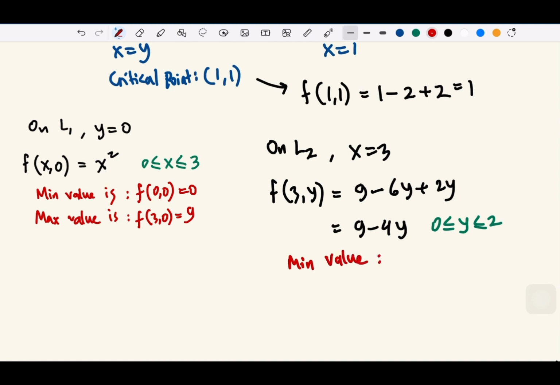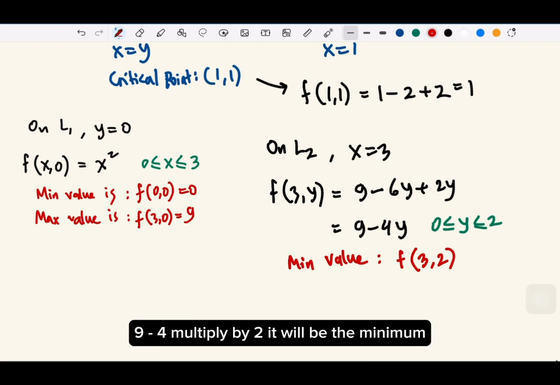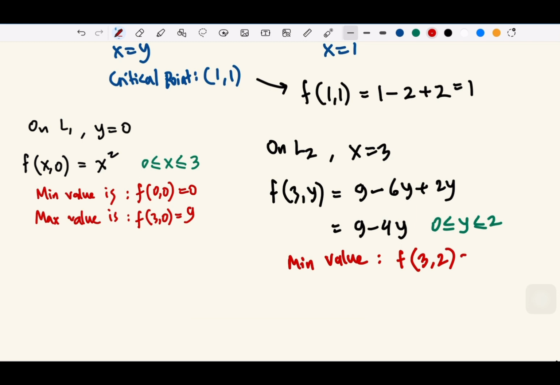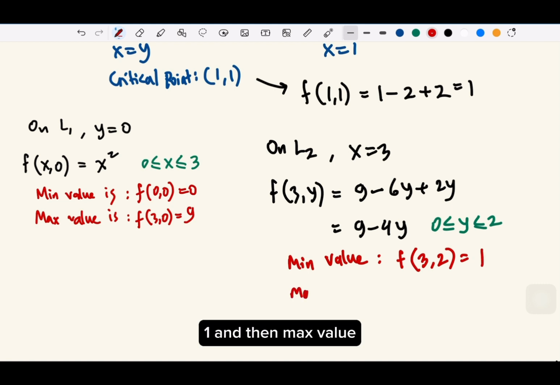We can check (3, 2), right? Because it's 9 minus 4 multiplied by 2. It will be the minimum. So the minimum will be 9 minus 8, which is 1. Okay, and then the max value.